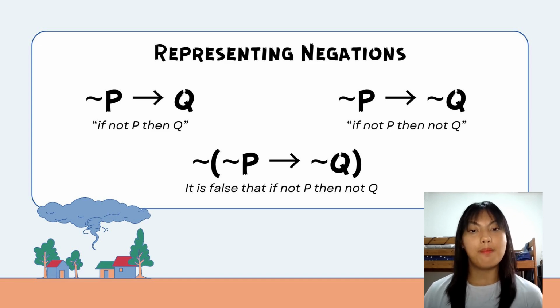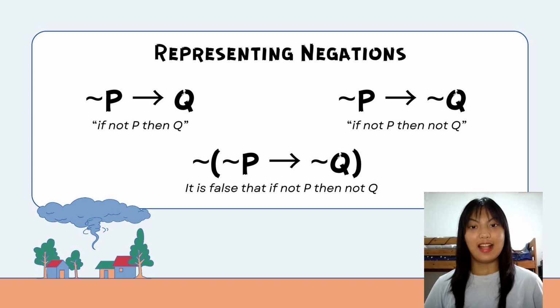To negate an entire compound statement, we bracket the compound with parentheses in order to mark the scope of the negation to avoid confusion. To negate a certain element of the compound, on the other hand, you must remove the parentheses and directly use the tilde symbol on the element that you wish to negate in the compound statement.